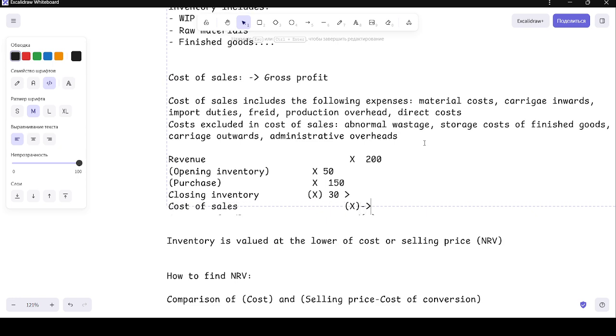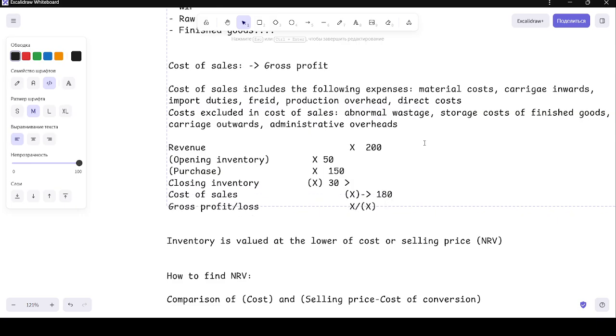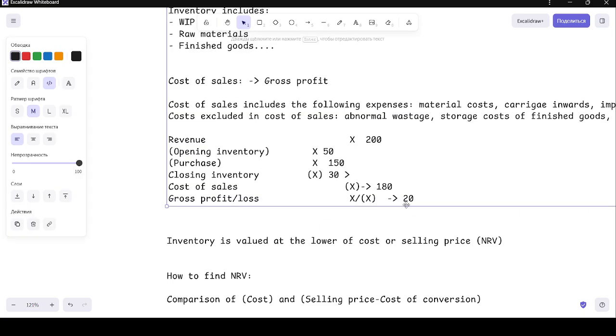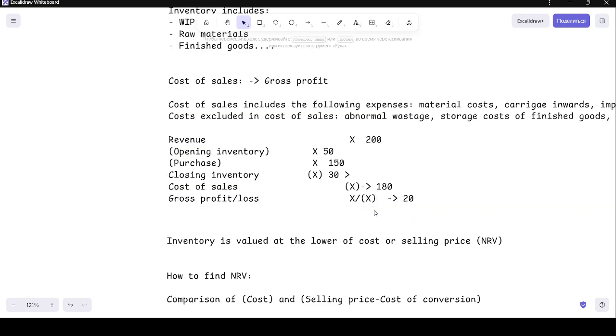How did we find our cost of sales? We added 50 and 150. After that we deducted closing inventory of 30. That gives us 180, which gives us 20 gross profit. I think this is understandable.